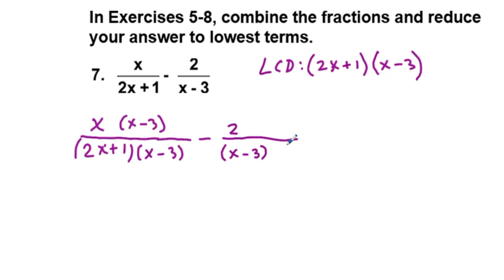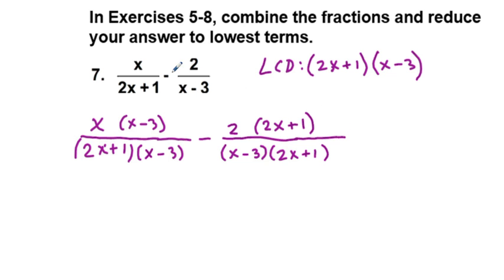And what do we need to do to get our common denominator? Well, we just need to multiply our denominator by quantity 2x plus 1. And then since we multiply the denominator by 2x plus 1, we got to multiply the numerator by 2x plus 1.